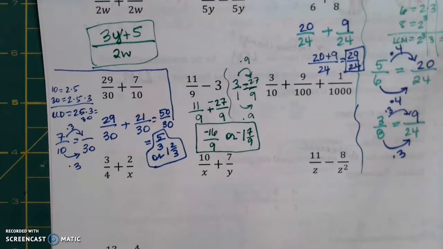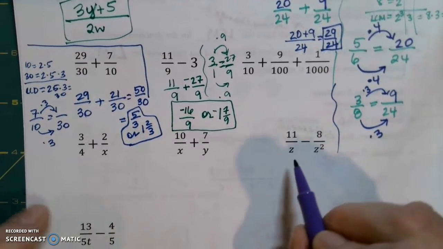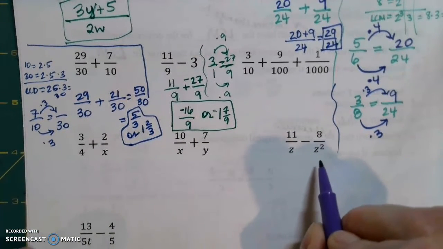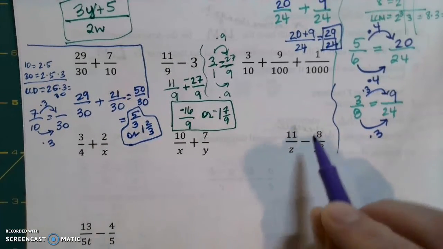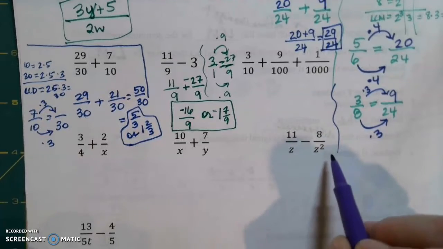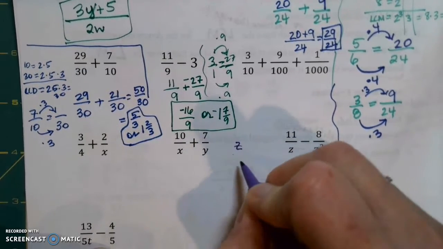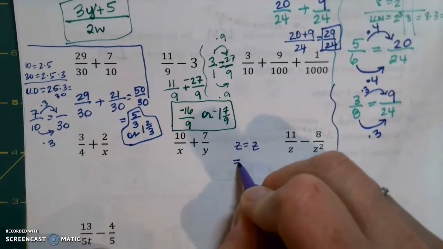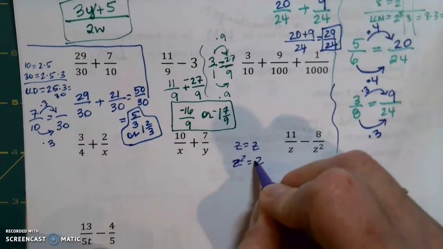Now there are a couple different ones here, and we're going to look at the one with the z's over here. And this one is just, we're going from one denominator to the same denominator, but now squared. So thinking about these in terms of an LCD, well, z is just z, and z squared is just z squared.